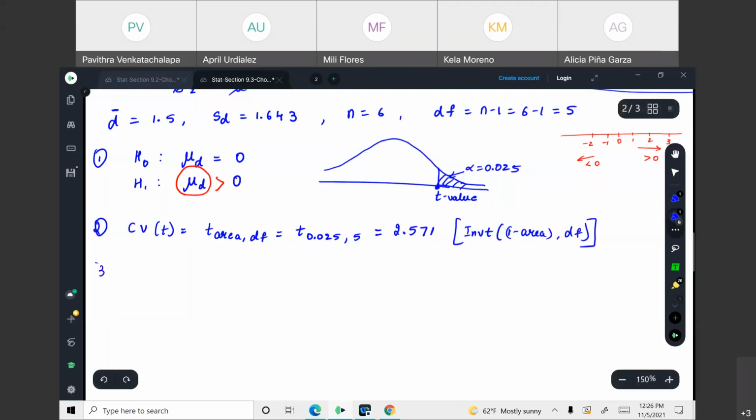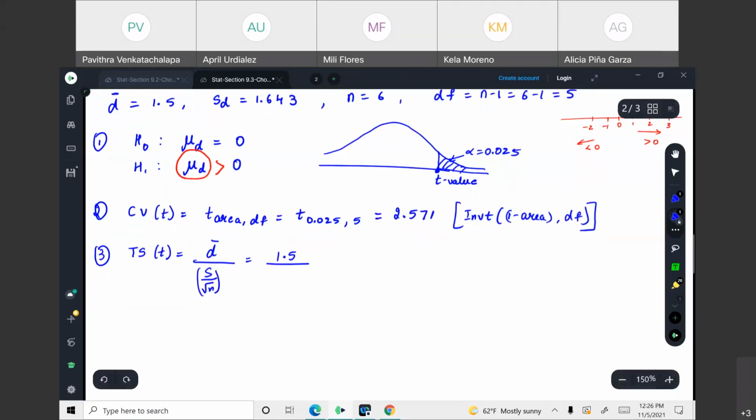Okay, and once you do this, next is the test statistic t. So the formula is d bar divided by s divided by square root of n. Now d bar is 1.5, given or calculated. SD is 1.643, divided by square root of n, which is 6. Whenever you do this in your calculator, calculate the denominator first.